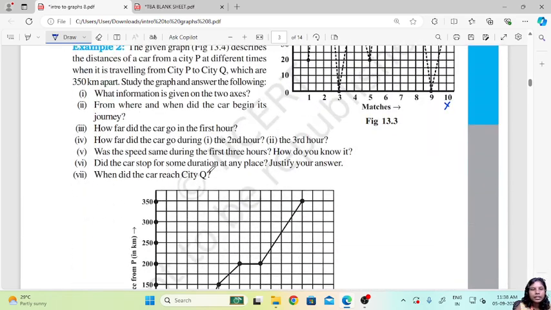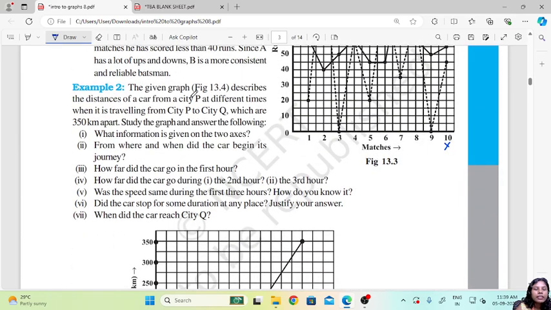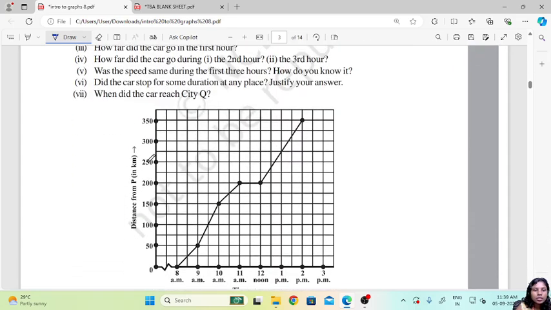Now let's look at another example. The given graph describes the distance of a car from a city P at different times when it is traveling from city P to city Q, which are 350 km apart. Study the graph and answer the following questions. This is a travel graph in which this is the y-axis. On the y-axis we have distance and on the x-axis we have time.